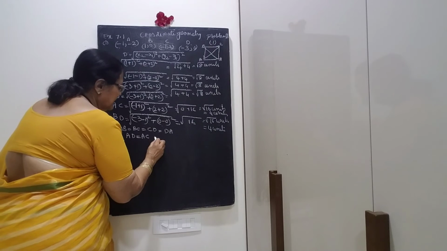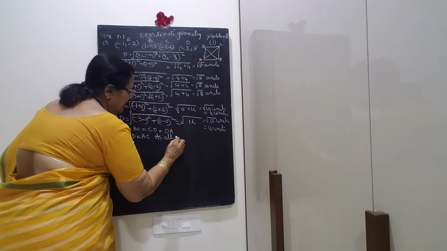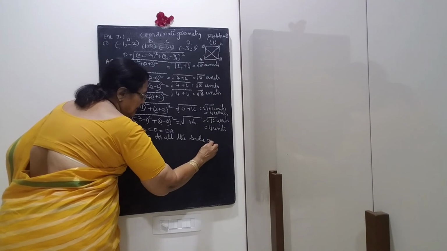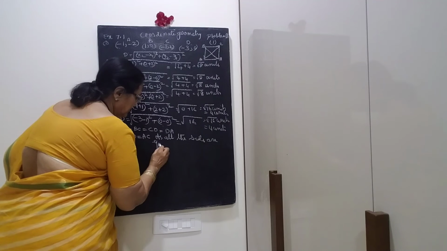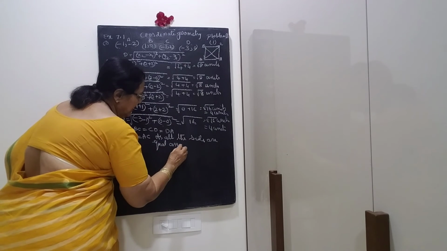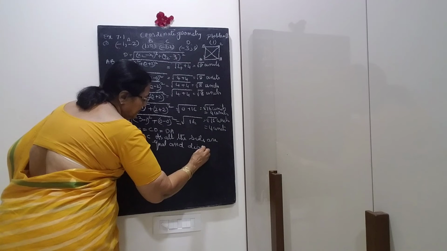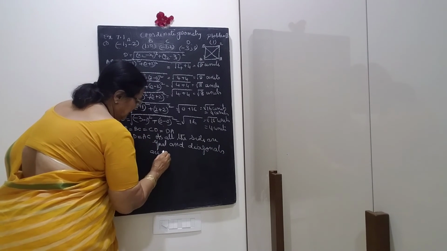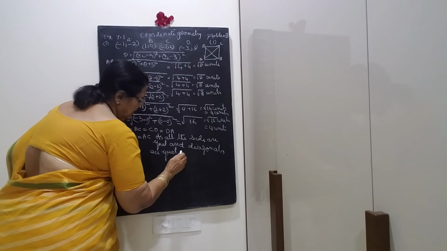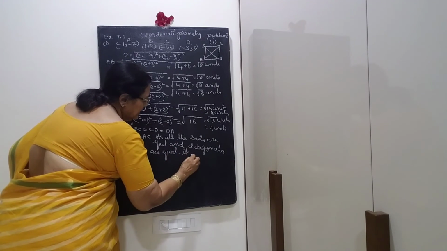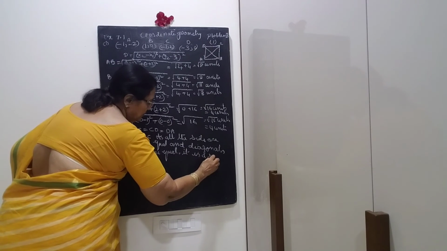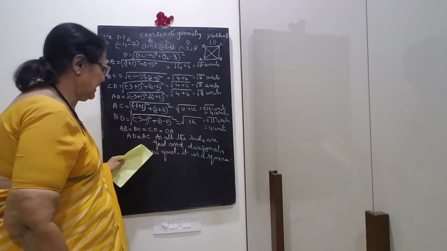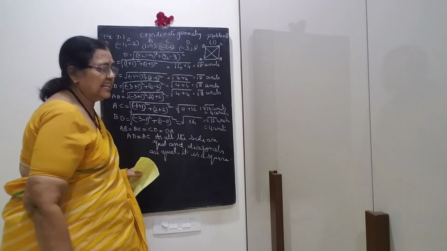Therefore, as all the sides are equal, you have to give the reason: all the sides are equal and diagonals are equal, it is a square. So the reason is this: as all the sides are equal and diagonals are equal, it is a square.